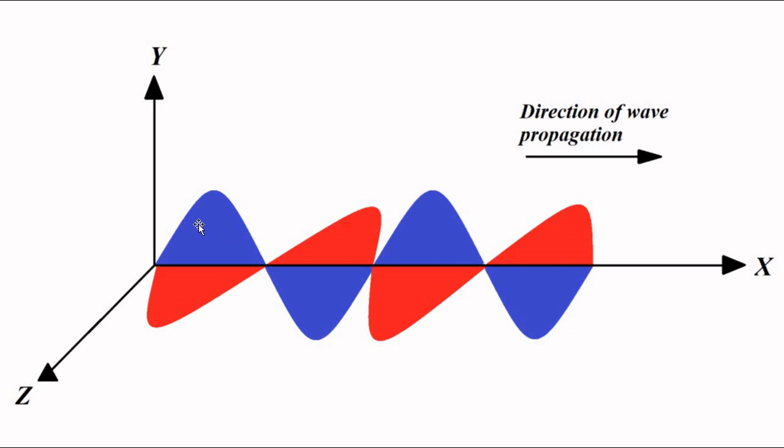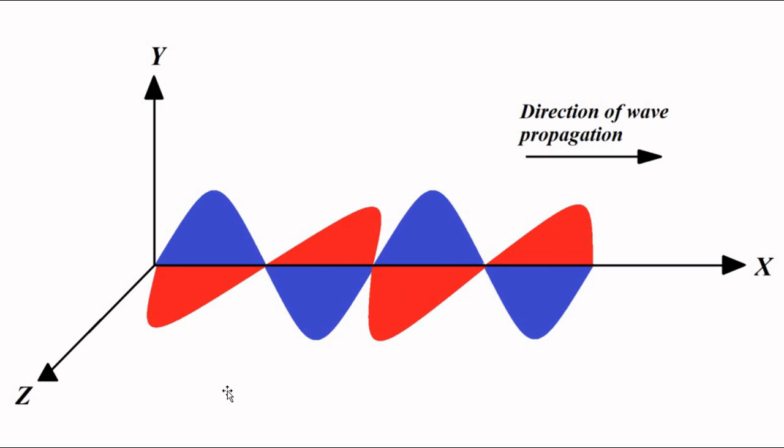Electric field, blue one, in the xy plane, is vibrating or oscillating, and the changes in amplitude occur along the y-axis, positive and negative. The change in magnetic field happens along the z-axis, positive or negative. The electric field is in the xy plane, the magnetic field is in the xz plane, and the direction of propagation of the wave is along the x-axis.